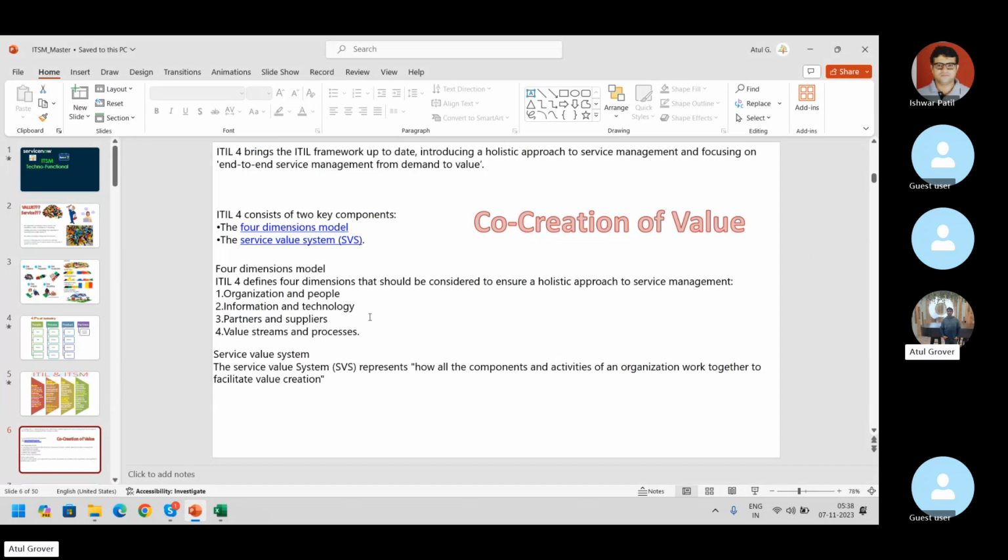Then information and technology. Use the industry, use IT. Old days are gone, when everything had to be on paper or with a pen and pencil. No. Use the technology. Make it a little automated. Make it transparent.